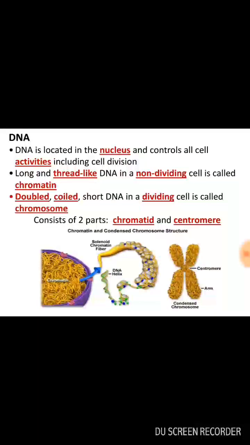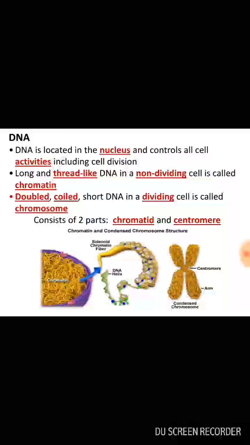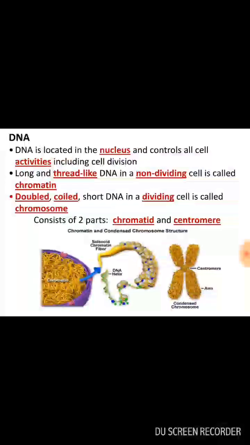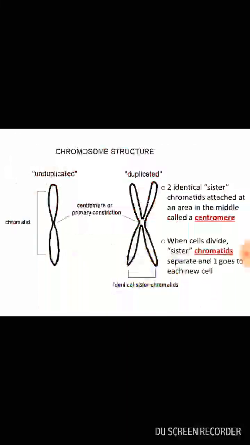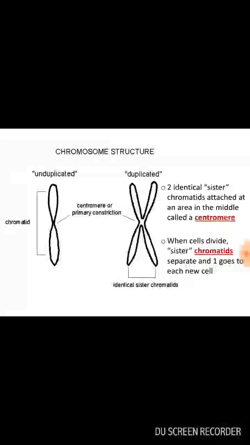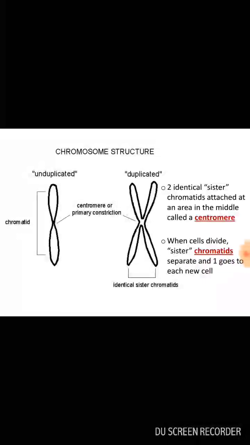A chromosome consists of two parts, as you can see in the diagram: the centromere and the arms known as chromatids. Now this is the structure of a chromosome. The first figure shows the unduplicated chromosome, and the second figure shows the duplicated chromosome.